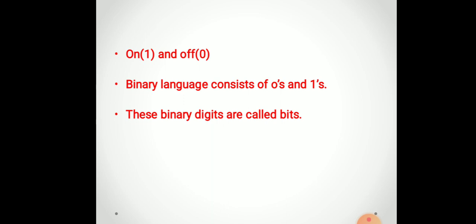The binary digit, short form is called bit. This is the smallest unit in the memory of the computer. So the data stored in the computer will be in the form of bits only.